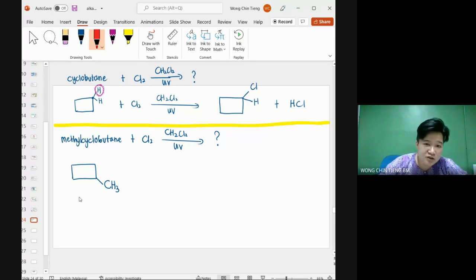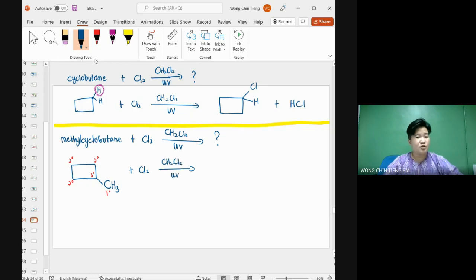I'll show you. So we class the carbon first as always. I have my secondary, my secondary, my secondary, my tertiary, my primary. So I think the very obvious significant over here is the primary and the tertiary.